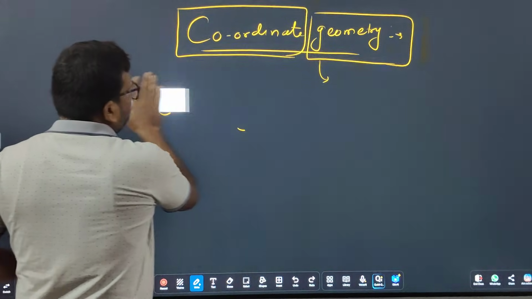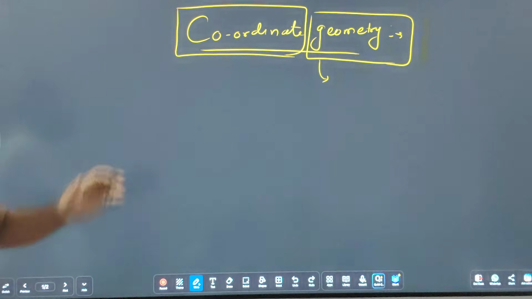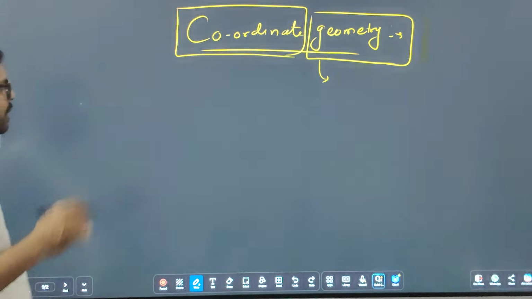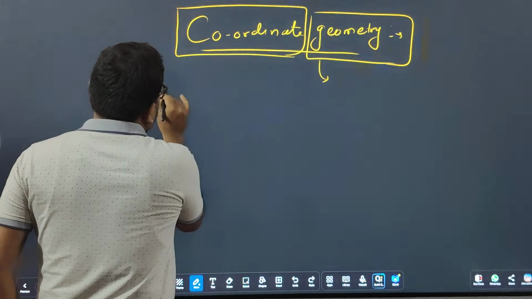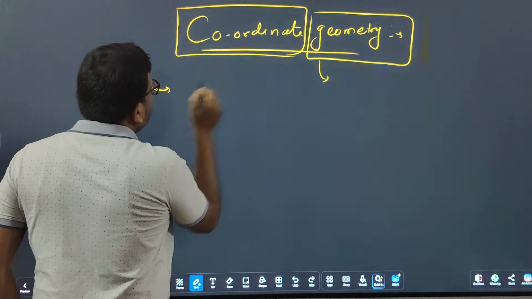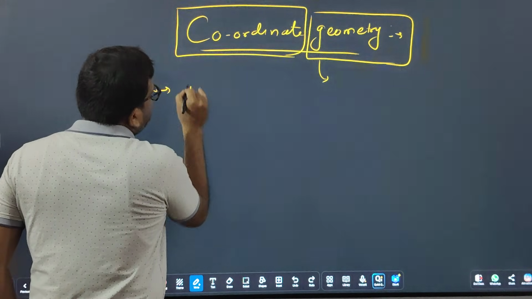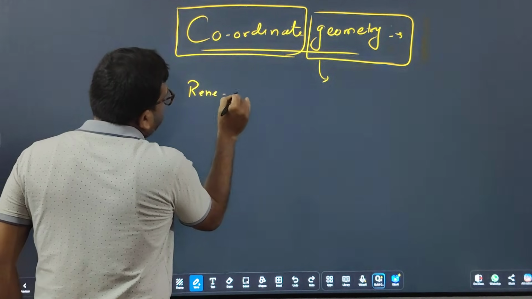So let's see from where the concept of coordinate geometry comes. The concept of coordinate geometry was given by René Descartes.